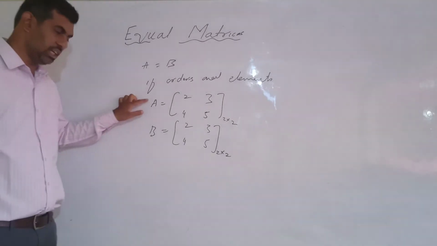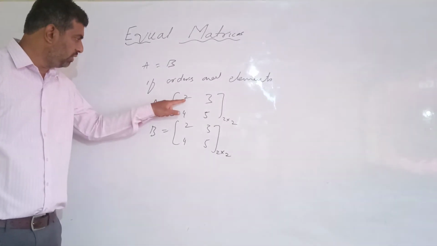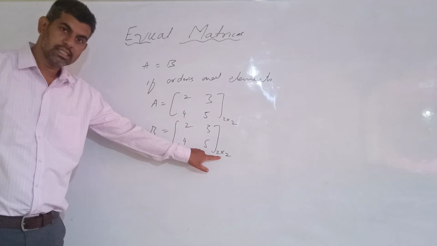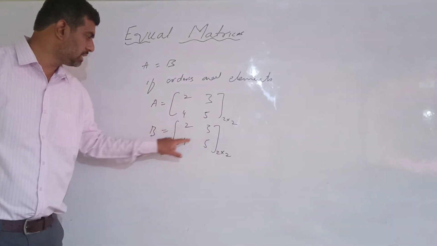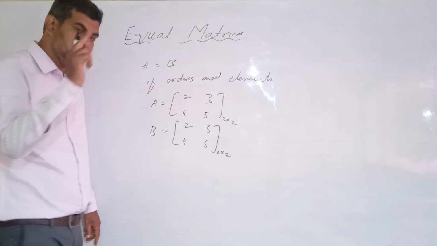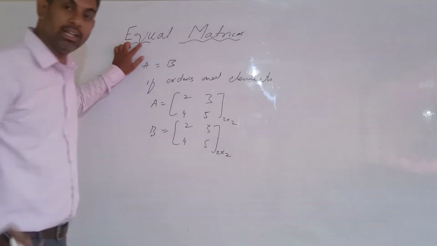Two matrices are said to be equal if their orders and the elements are the same. That is an equal matrix. Very simple.